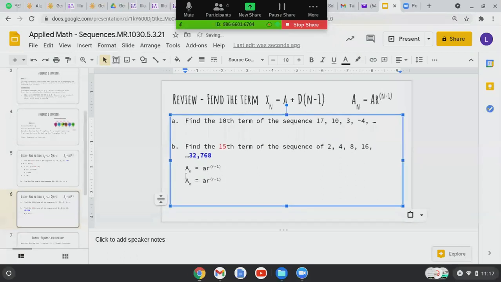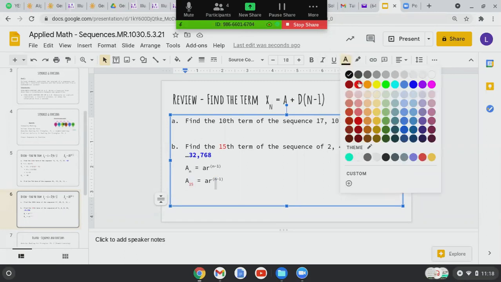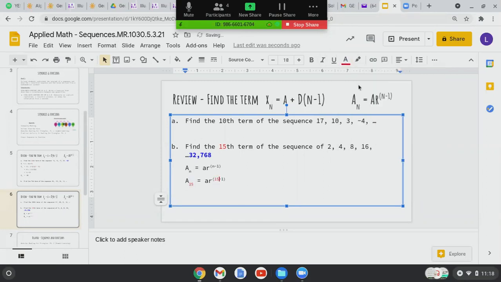Okay, cool. So again, we are doing the 15th term. And then 15 goes here. And our first term is 2.